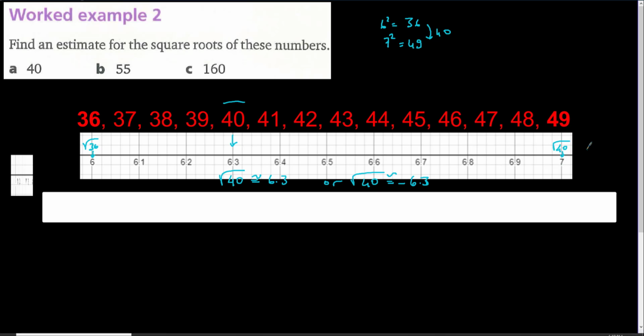The next one is 55, and 55 is between 49 and 64. The 7 square is equal to 49 and 8 square is equal to 64.